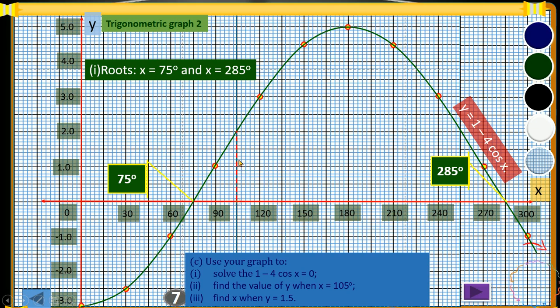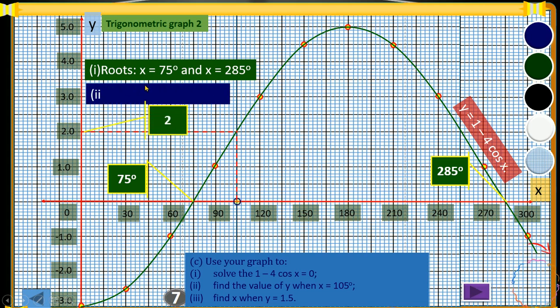The red dotted line traces up to the curve, meeting the curve at this point. From that point, we trace it also horizontally to the y-axis. You can see clearly that the value there is 2. So when x is equal to 105 degrees, y is equal to 2.